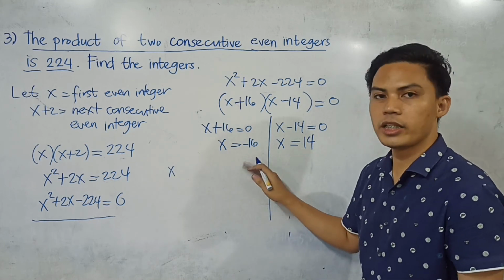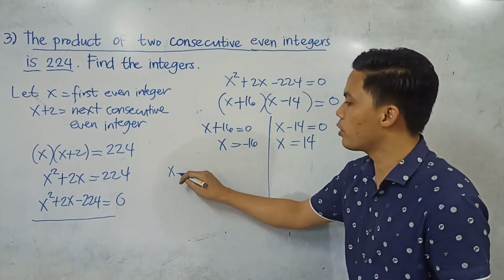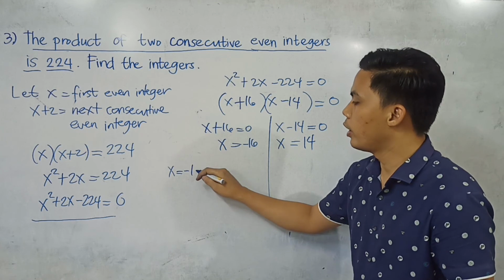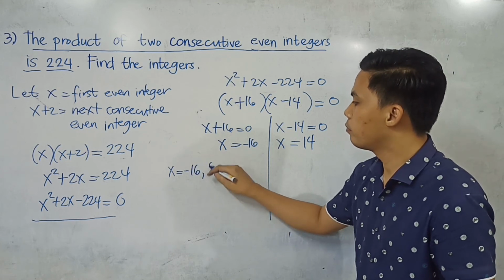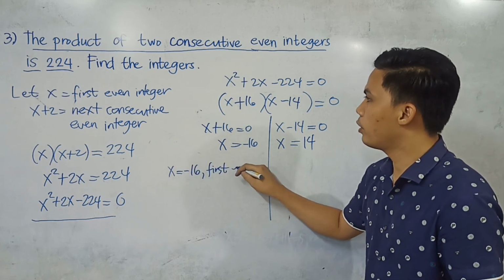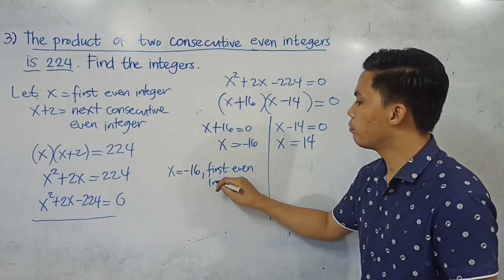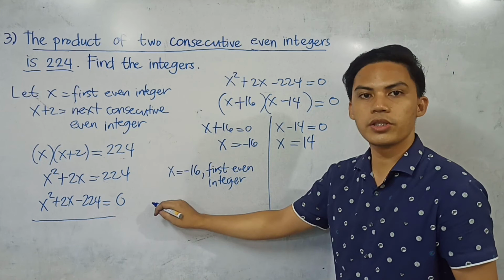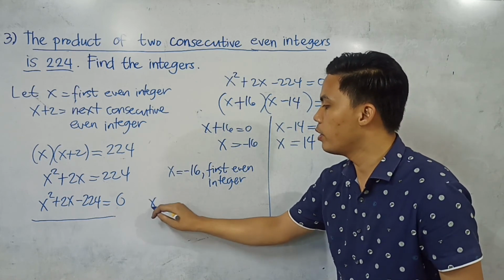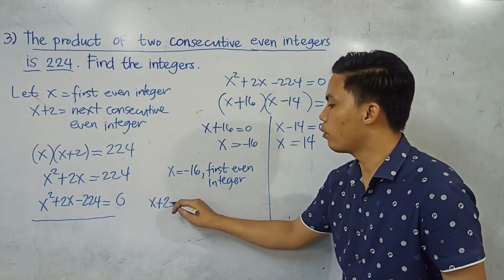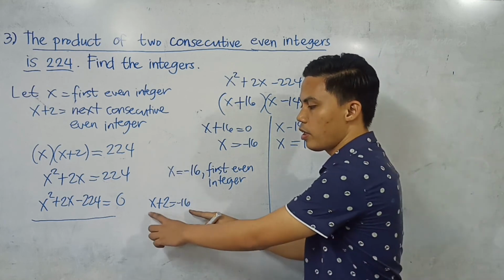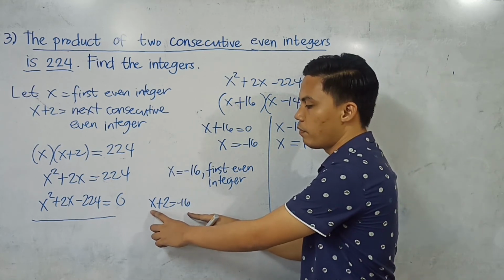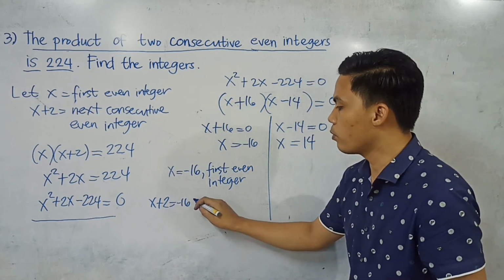So, kung ang negative 16 ang first even integer natin, ang next consecutive even integer naman natin would be x plus 2. Substitute natin si x, ang x value na negative 16, then plus 2.